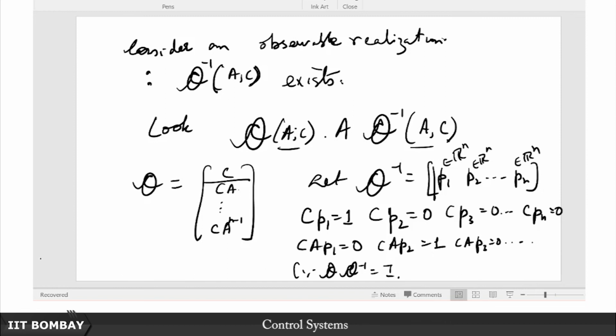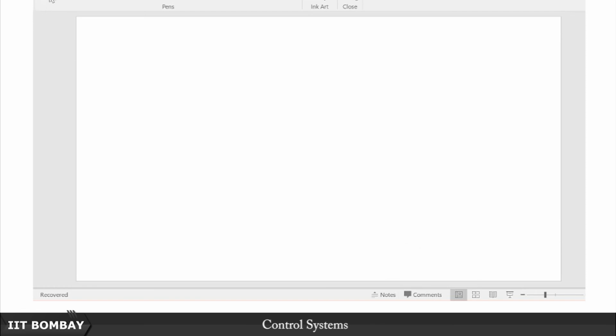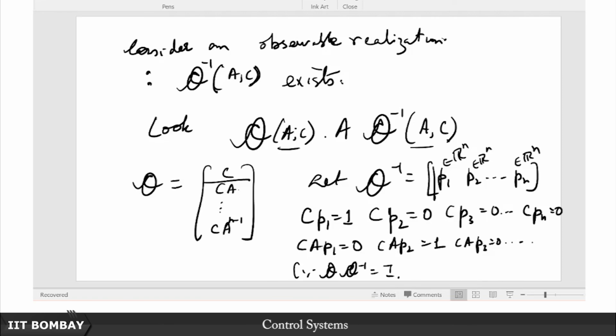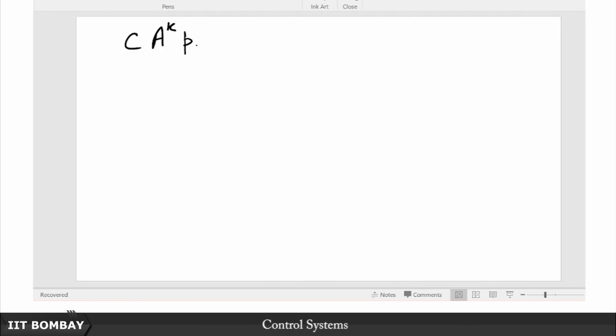So likewise, you can imagine that I can keep saying that Ca to the power k times p, k plus 1 is equal to 1, and c a to the power k p j is equal to 0 otherwise.